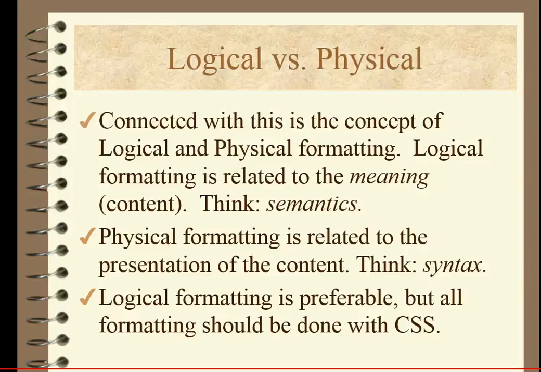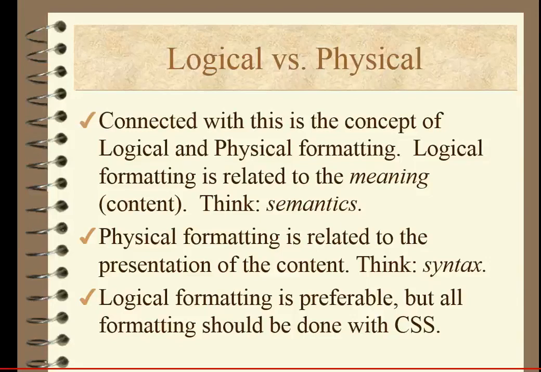We talk about logical versus physical formatting. When they improved the HTML5, there were a lot of old tags that were physical. So like bold, for instance, would be B. If you wanted italics, there was an I. And they kind of got rid of those in favor of tags that were more semantic, that had meaning. So really, bold means that I want to emphasize something strongly.